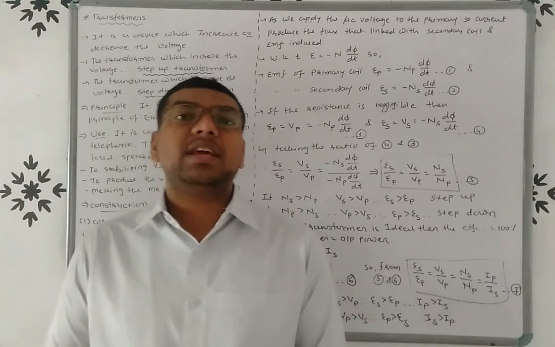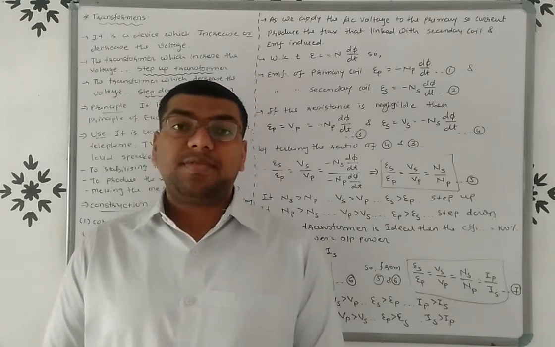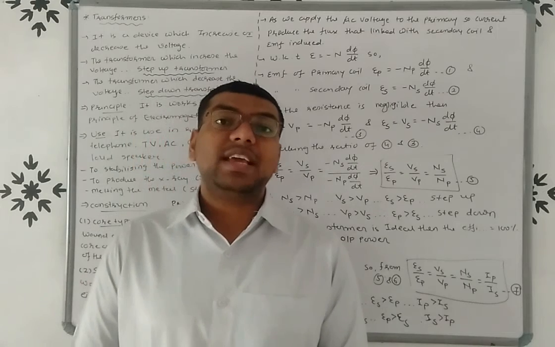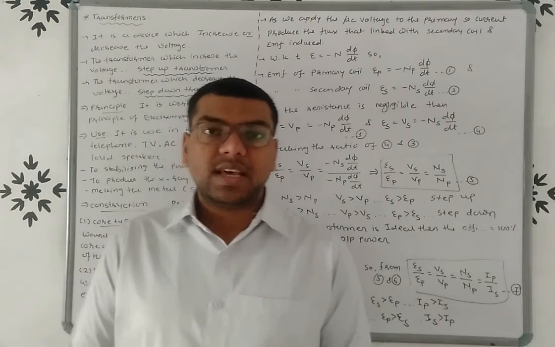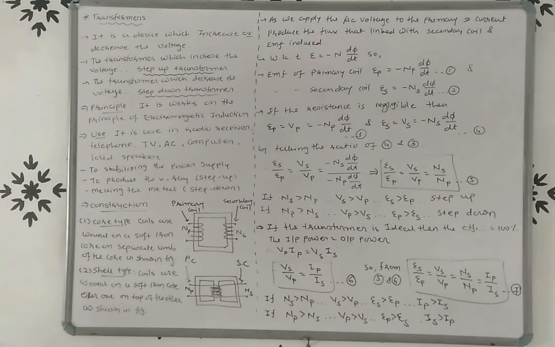So in the transformer, losses are there. And if resistance is there, then we know that there is the I square R loss, right? So these are the losses in the transformer, right?